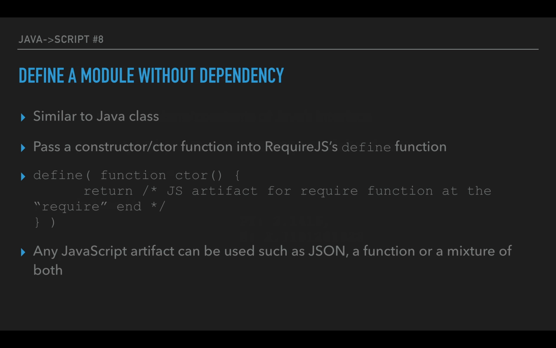This constructor function or callback function will be called when this particular JavaScript code is loaded using the require function at the other end. And it will return any kind of JavaScript artifacts, such as JSON or function or a mixture of both, to the other end of RequireJS.